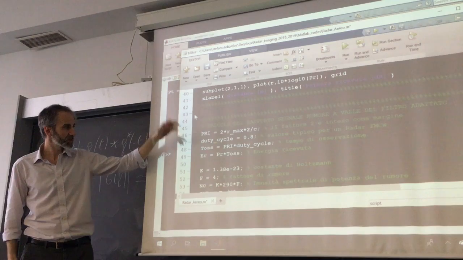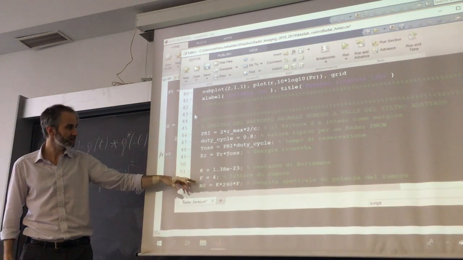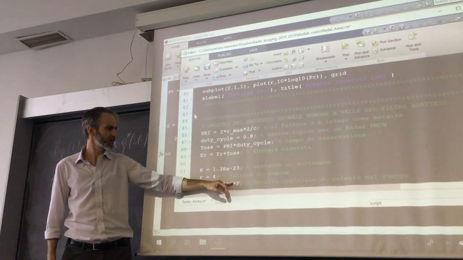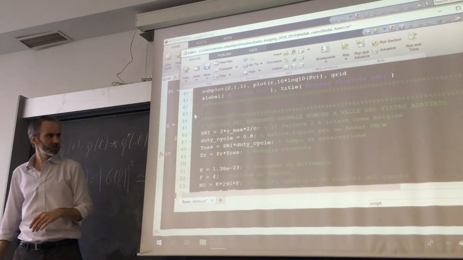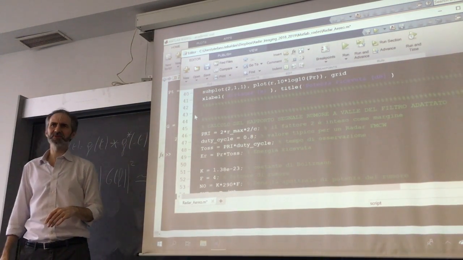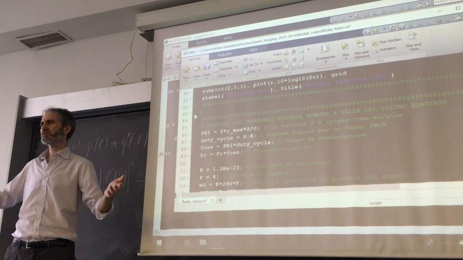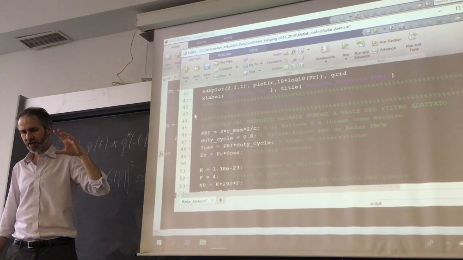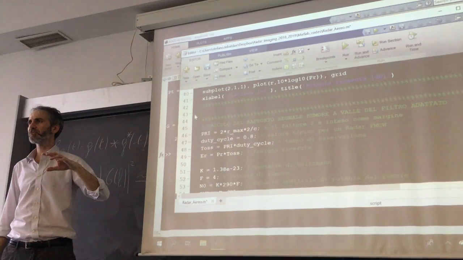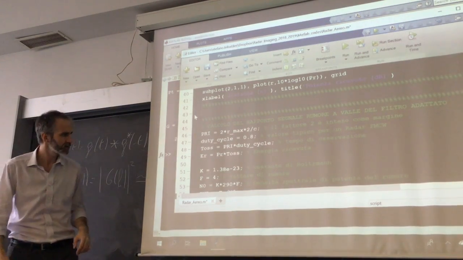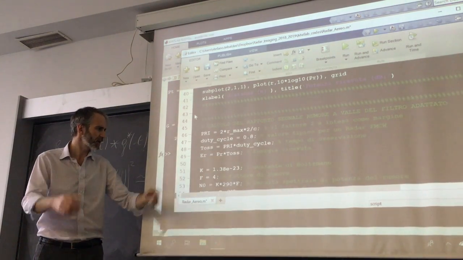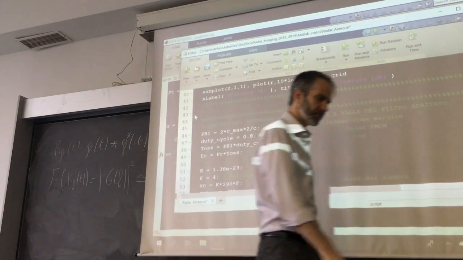This is the noise, so the Boltzmann constant. The noise temperature, I am just assuming 290 kelvins, because this is the standard noise temperature if you're looking at the Earth surface, just a reference value. Noise figure 4, again, just a reference value.